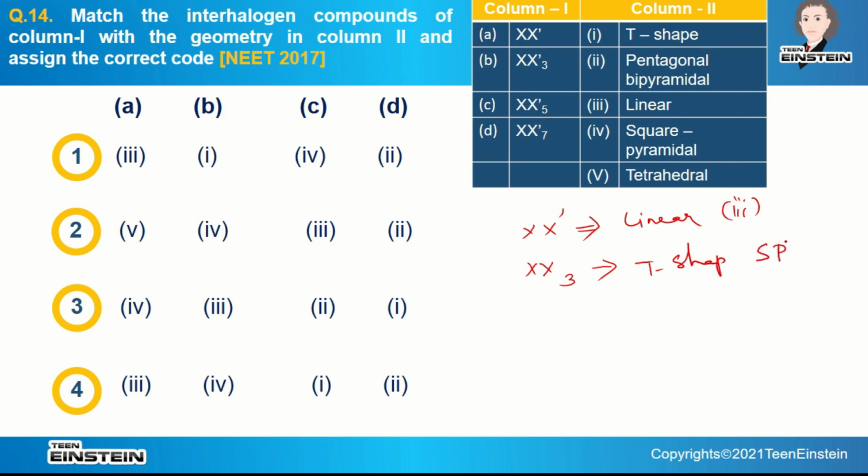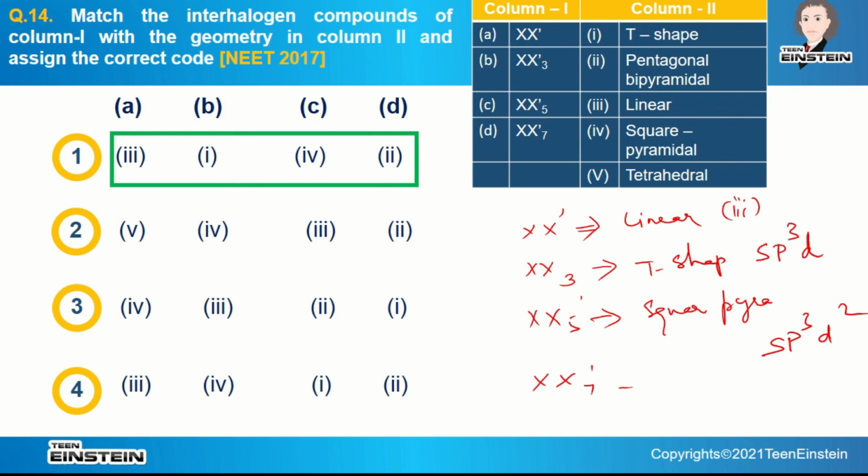that is sp3d. So come to the third one. In column 1, it corresponds to square pyramidal, that is sp3d2 configuration. So next comes the XX7 dash.